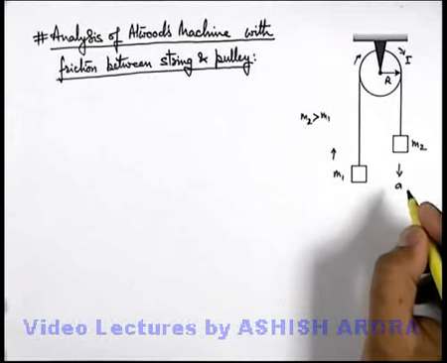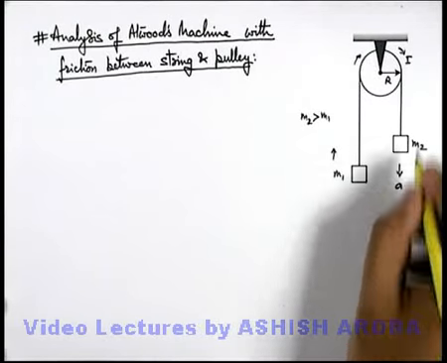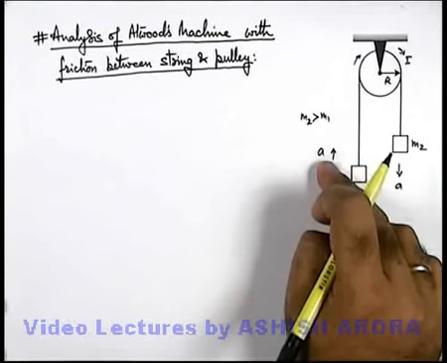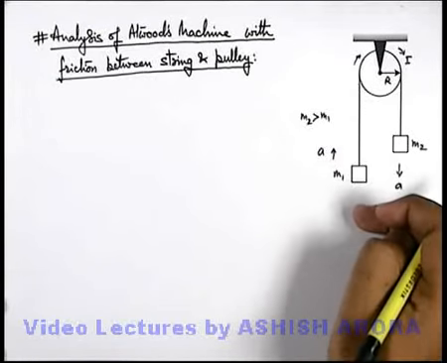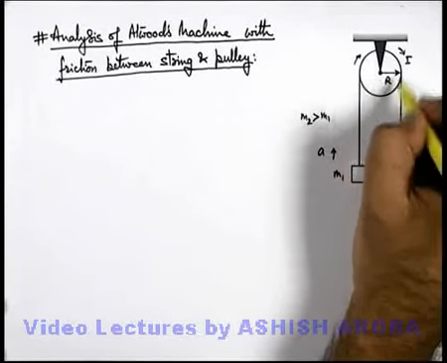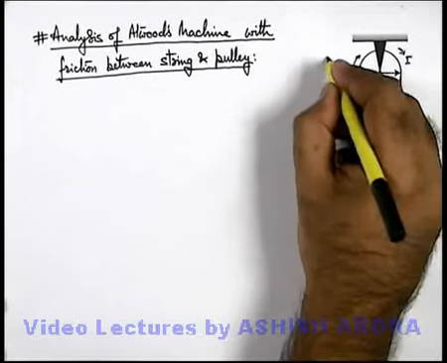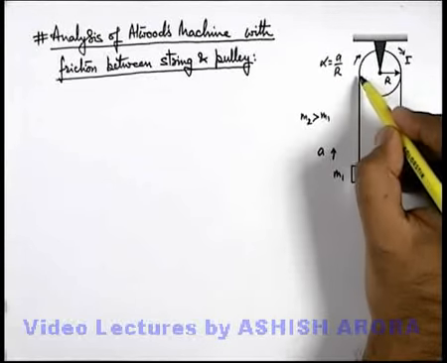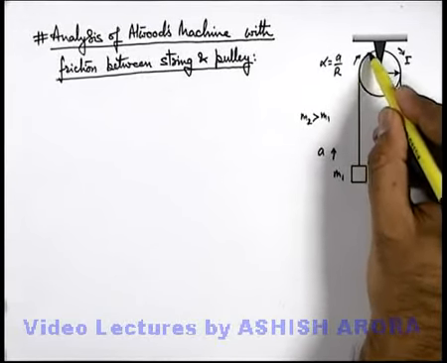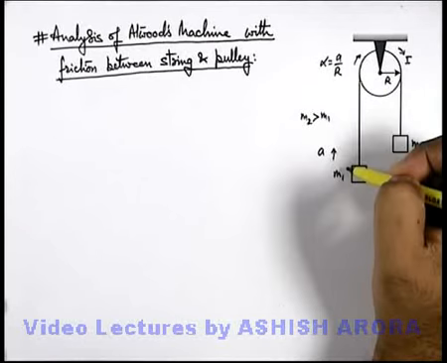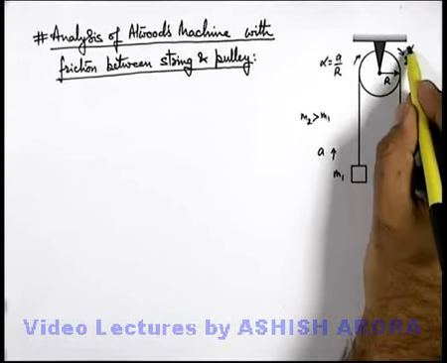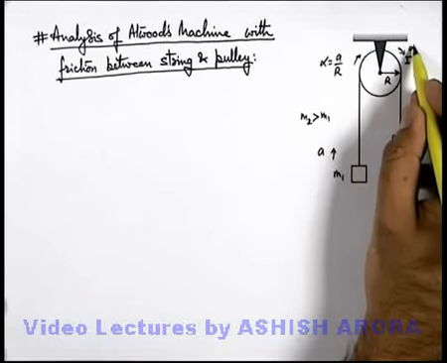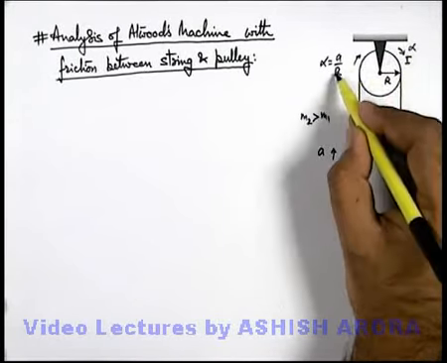So this m2 is coming down with an acceleration a, and by the constraint relation m1 will also move with acceleration a, as the string is ideal, and the pulley will rotate. The angular acceleration of the pulley we can write as a by r, because the particles on the surface of the pulley will move with the same acceleration a, and we know that the tangential acceleration of any body rotating at angular acceleration alpha can be written as r alpha.